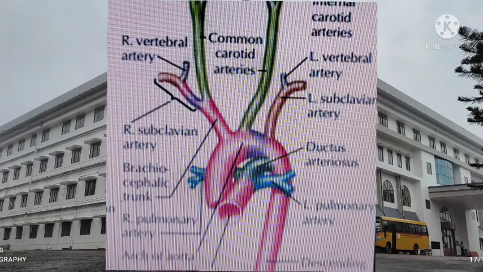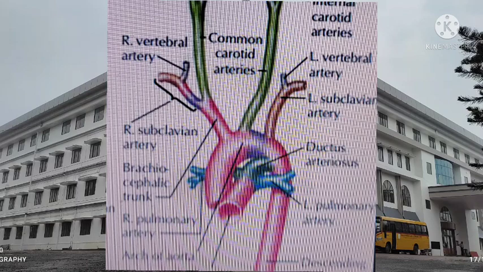In this diagram we can clearly see the three sources. The blue colored one is the right fourth aortic arch, the red colored part is the right dorsal aortic part, and the orange colored portion is the right seventh intersegmental part of the right subclavian artery.